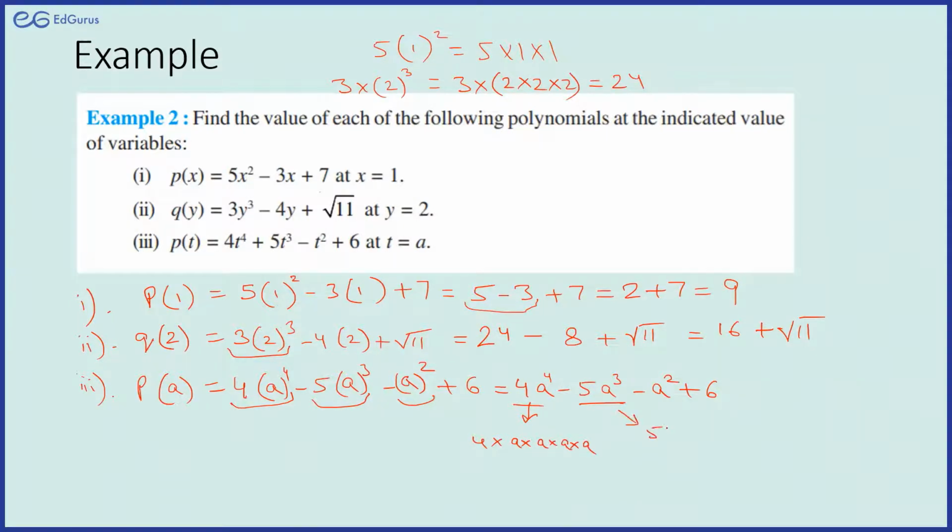This term means 5 into a into a into a. Only 3 times. Here I have it 4 times. Right? I cannot add these two things. I cannot subtract these two things. So we have 4a to the power 4 minus 5a cube.